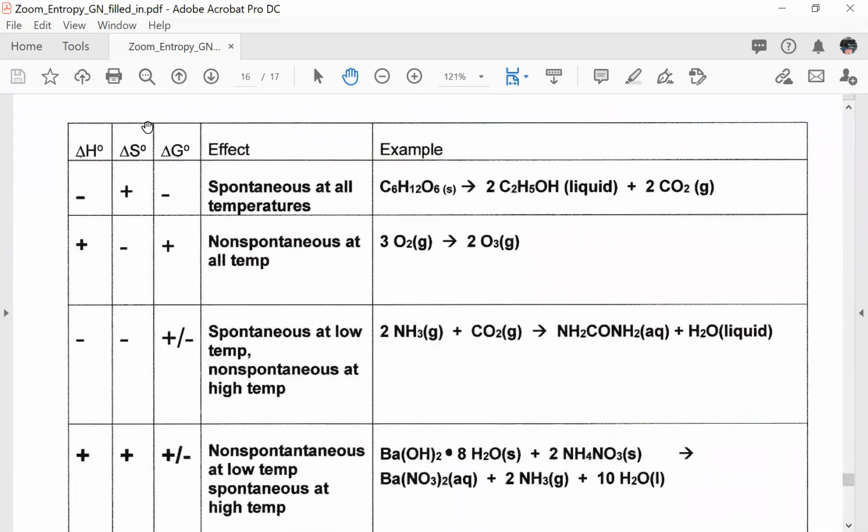So next, delta H is positive, delta S is negative, delta G is positive. This is non-spontaneous at all temperatures. So for example, 3O2 gas going to 2O3 gas.